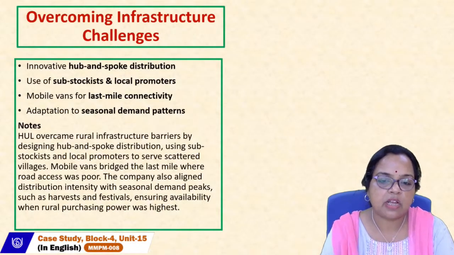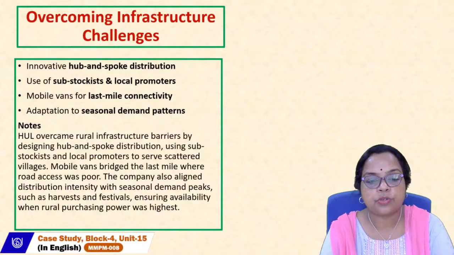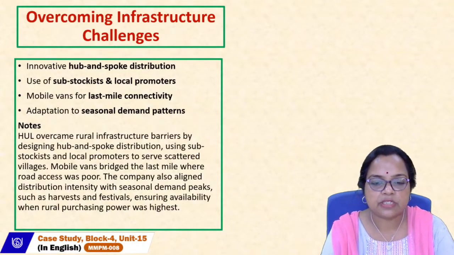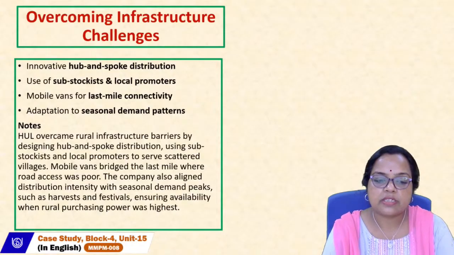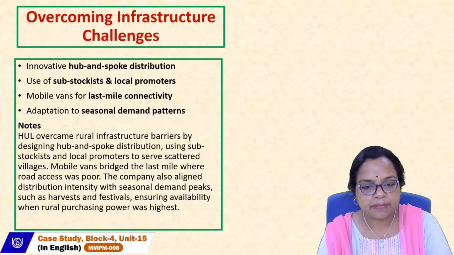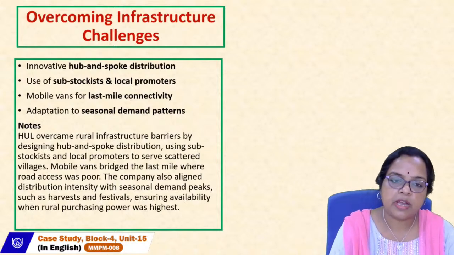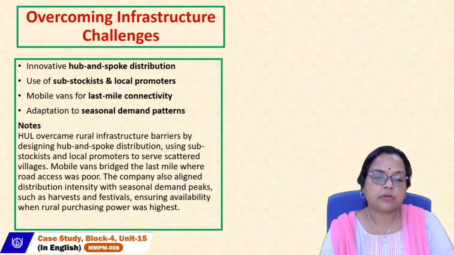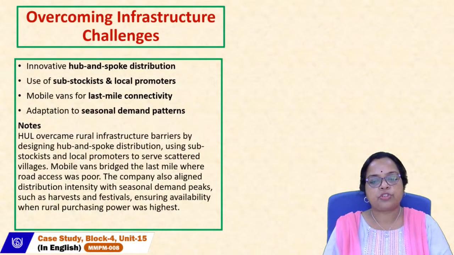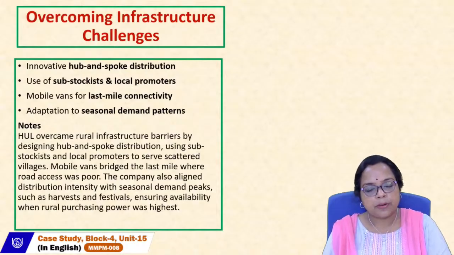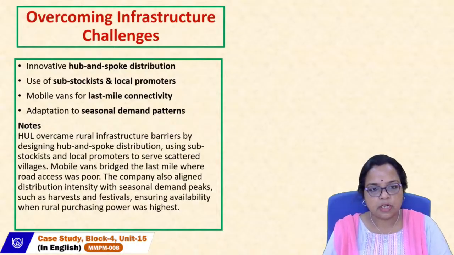Mobile vans bridged the last mile where road access was poor. The company also aligned distribution intensity with seasonal demand peaks, such as harvesting time or festival time, ensuring availability when rural purchasing power was the highest. So this hub and spoke distribution model overcame the infrastructure challenges through the appointment of sub-stockists and local promoters.